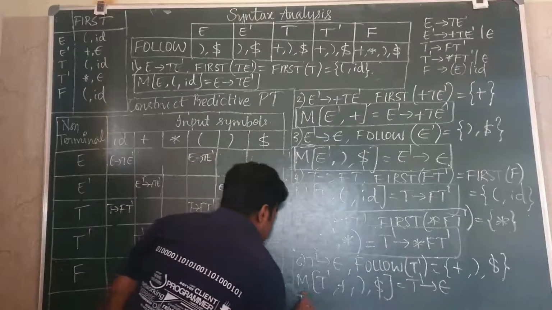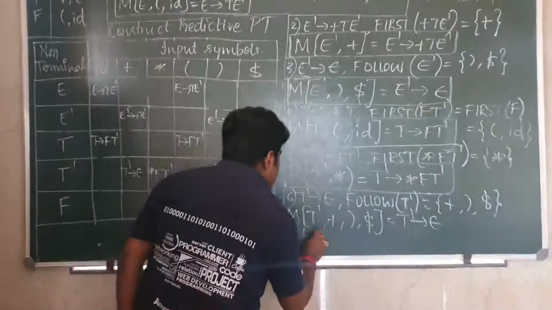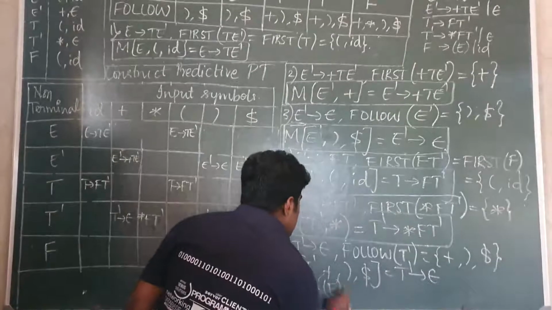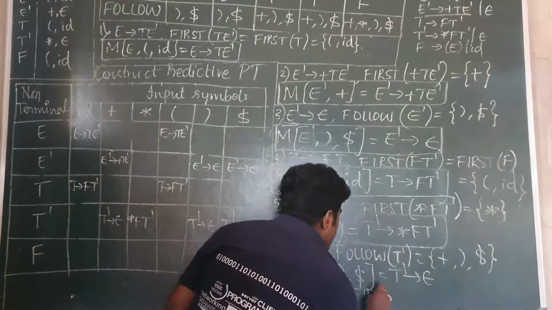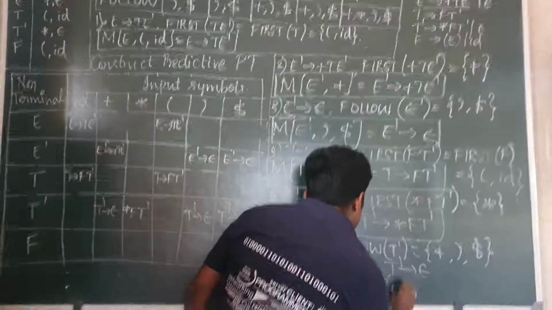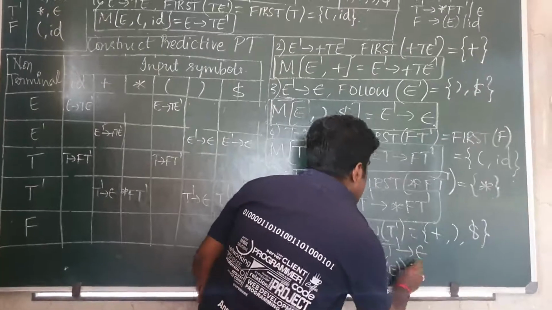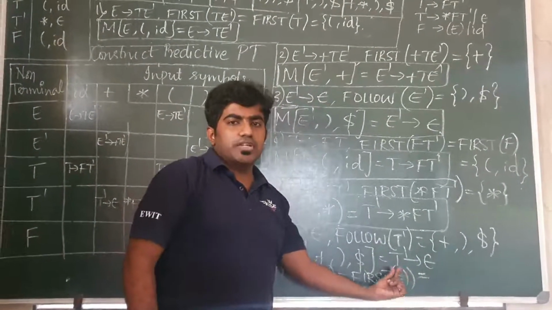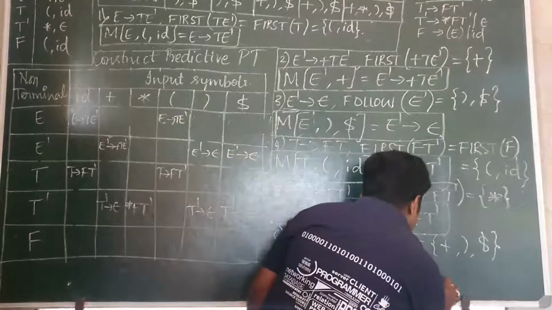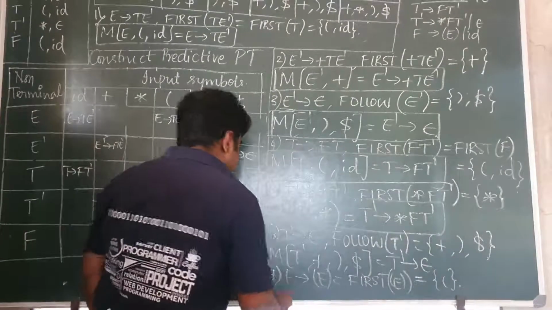Done. Next, production F tends to (E). Alpha is not equal to epsilon, so we have to calculate first of (E). First of the opening bracket followed by E: we have a terminal in the beginning, so first of this will be the opening bracket. What is the meaning?